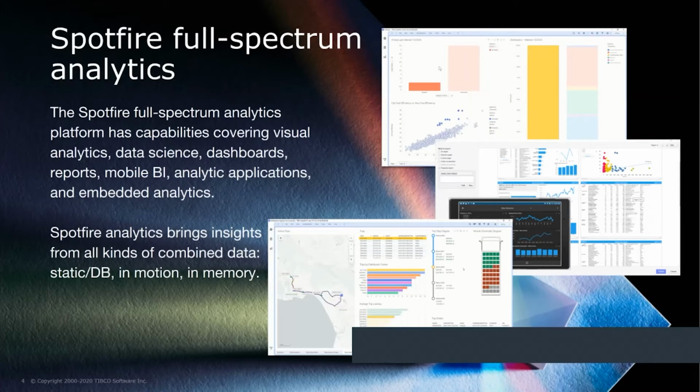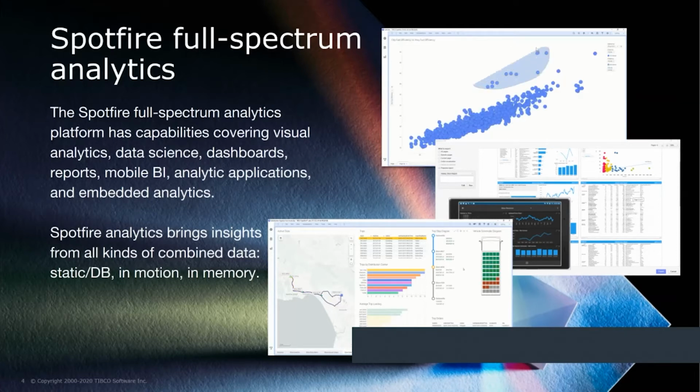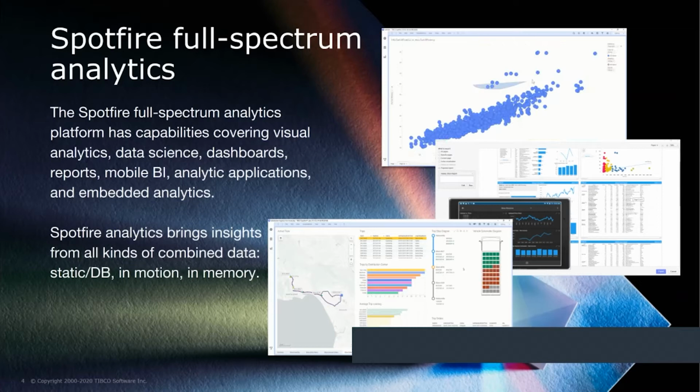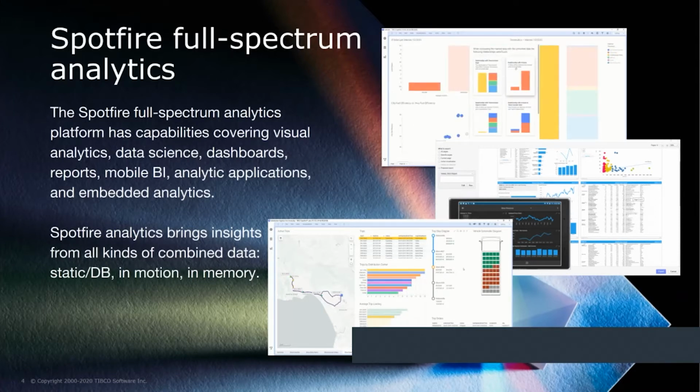You can do dashboarding, reporting, and even mobile BI. And you can use Spotfire to build analytic applications for different domains and use cases. And you can even embed Spotfire content into other web applications. And with all of this, you can use any data from your favorite data source.